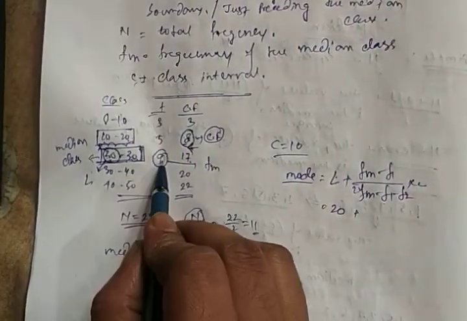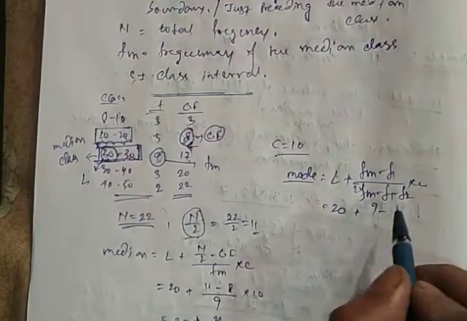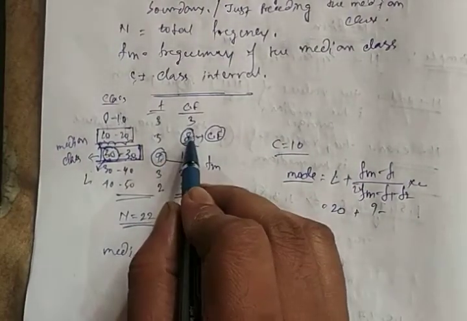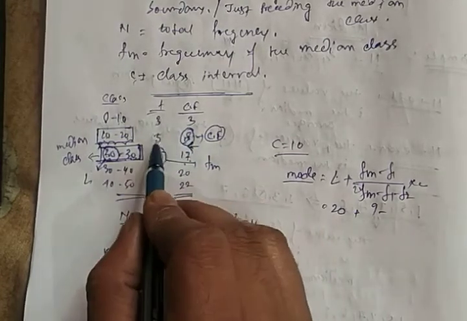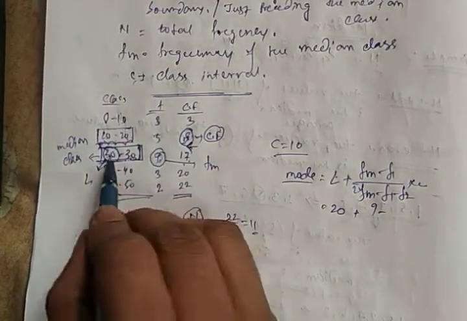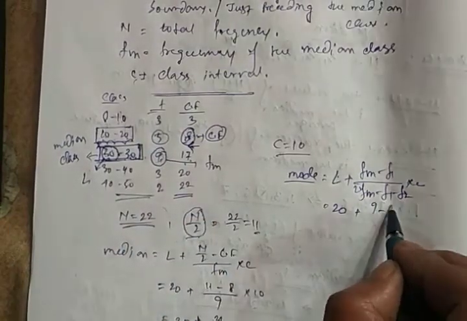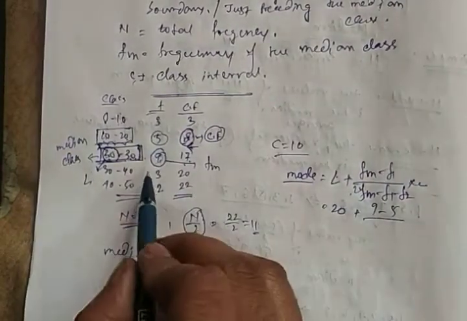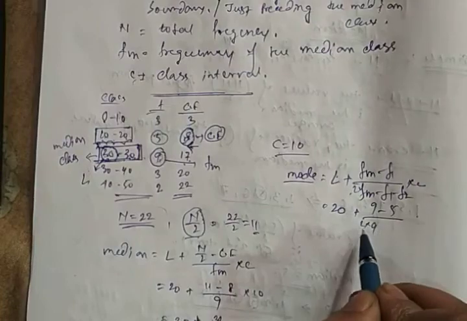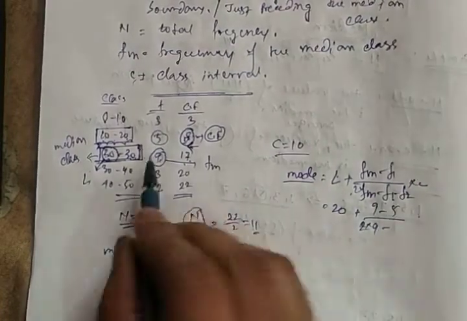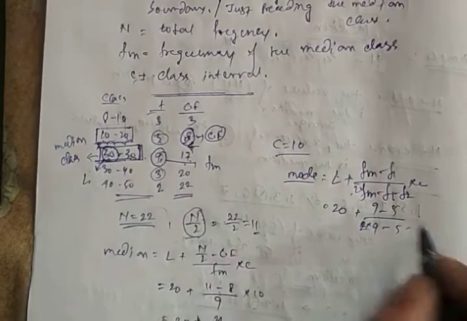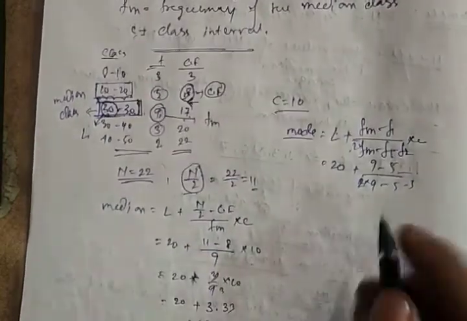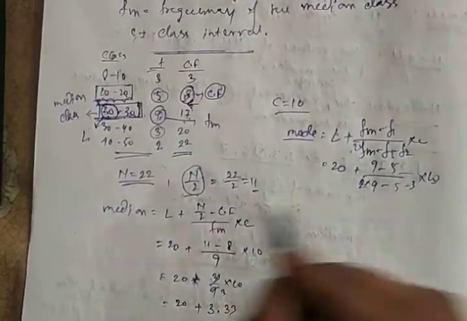Plus Fm, the frequency of the modal class, which is 9, minus F1, the frequency just preceding the modal class, which is 5, divided by 2Fm, that means 2 into 9, minus F1 which is 5, minus F2, just succeeding the modal class, which is 3, into 10, the class width.